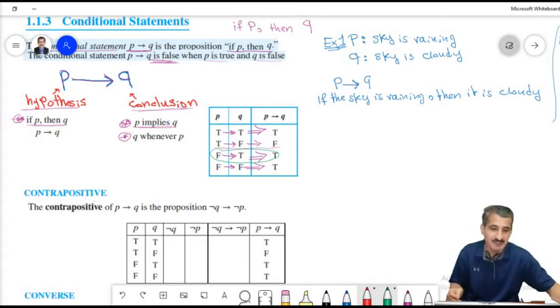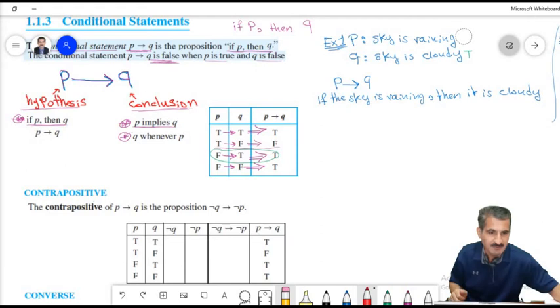Which means, if we want to apply it here, let's assume the sky is raining is a false statement, and the sky is cloudy is a true statement. Sorry, I should not say it that way.